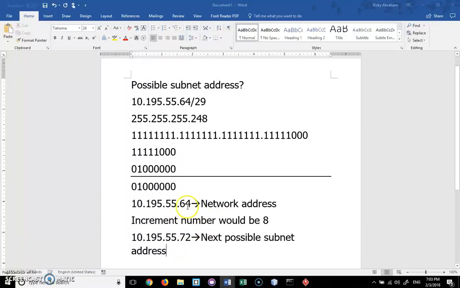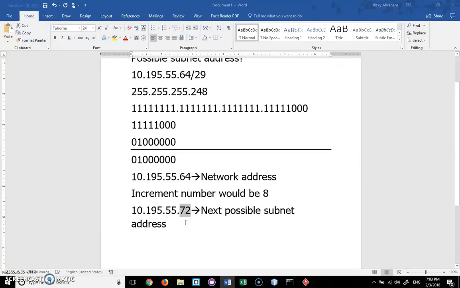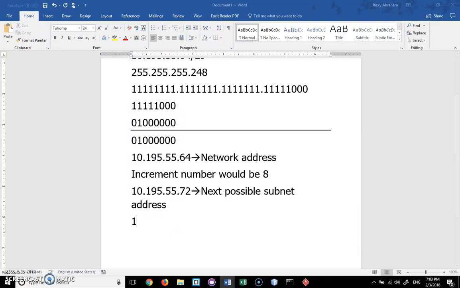And then we know the last number of this subnet will be the broadcast number. So it's basically the first number right here minus 1. So 10, 195, 55, and 71. That number would be the broadcast address for the first one right here.